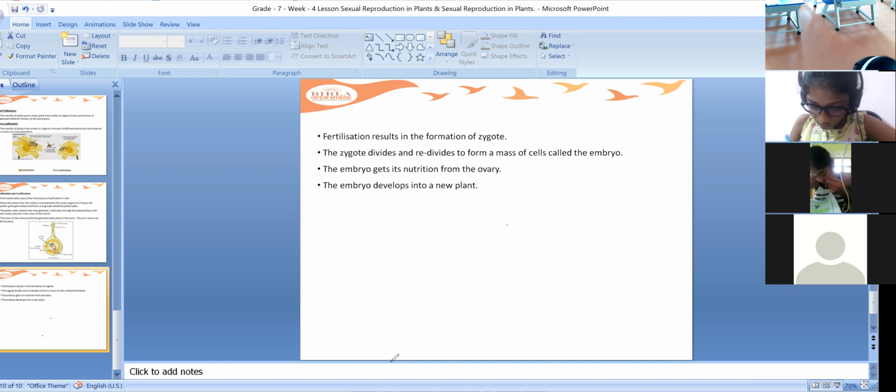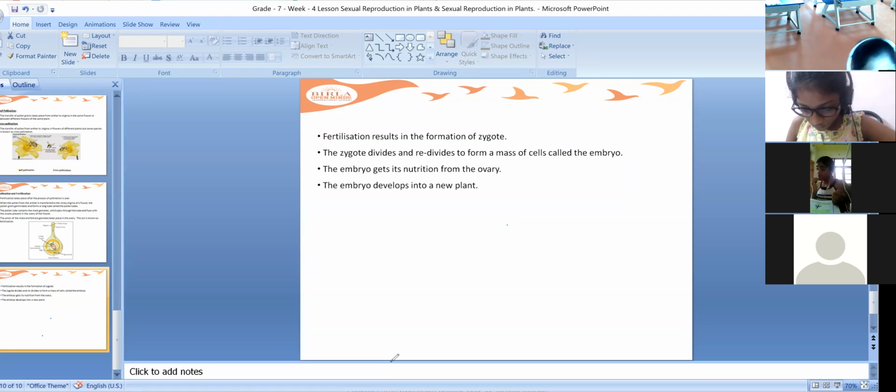This embryo gets its nutrition from the ovary. The embryo develops into a new plant. Usually you see the seeds which are there on the plants. These seeds are the result of this fertilization only.